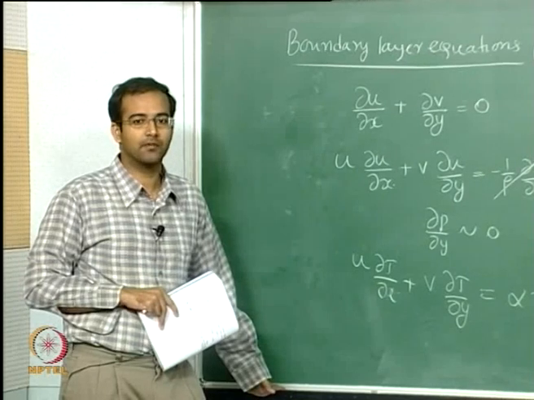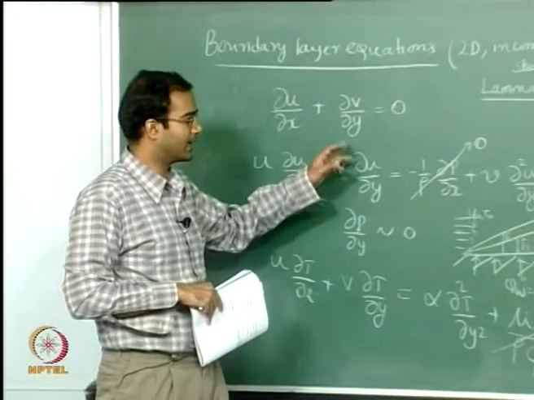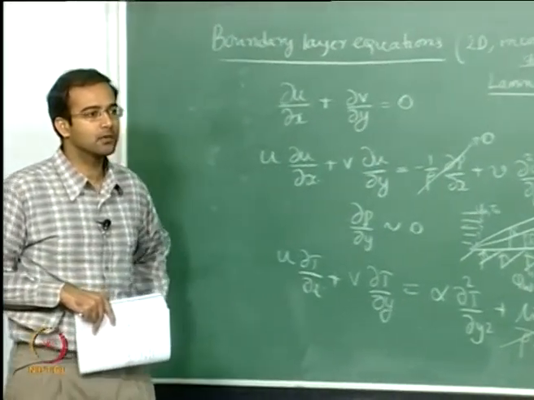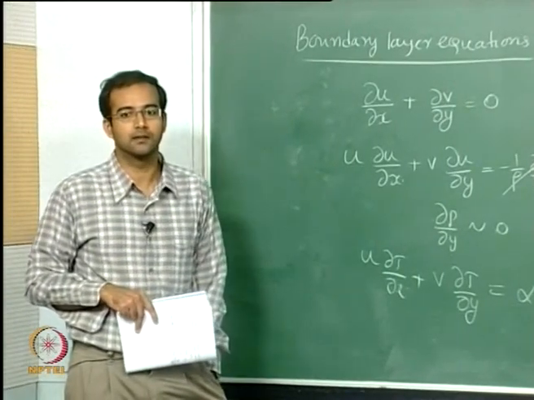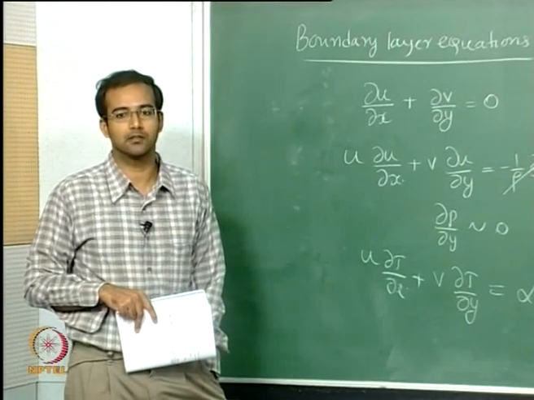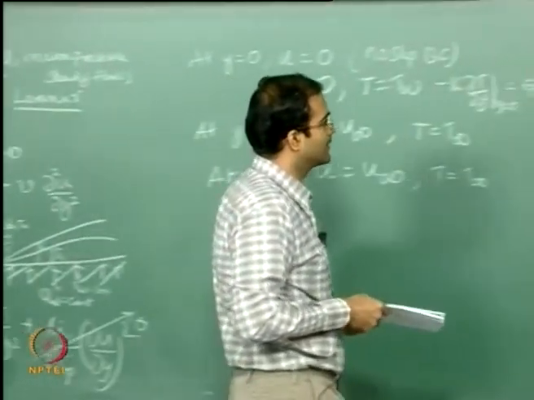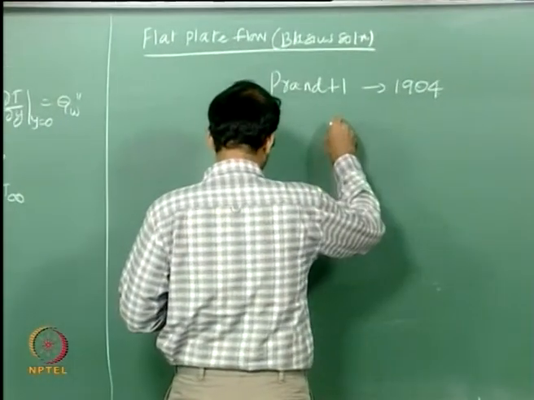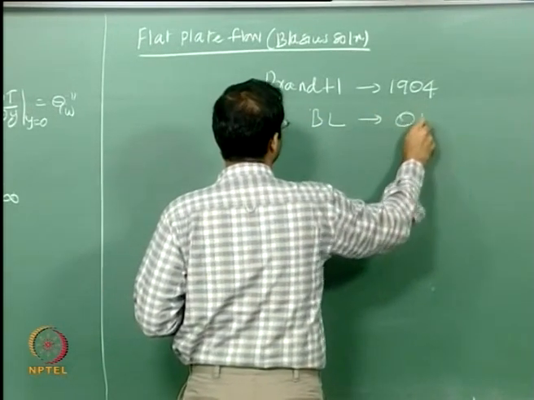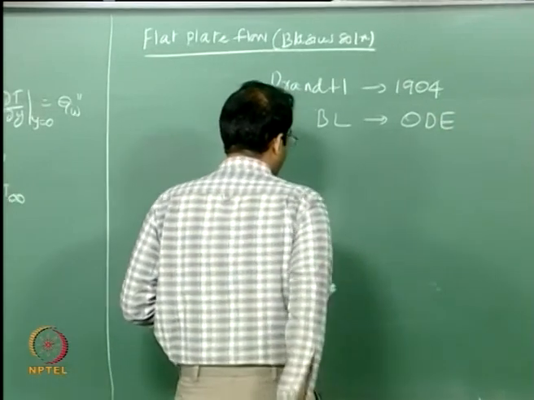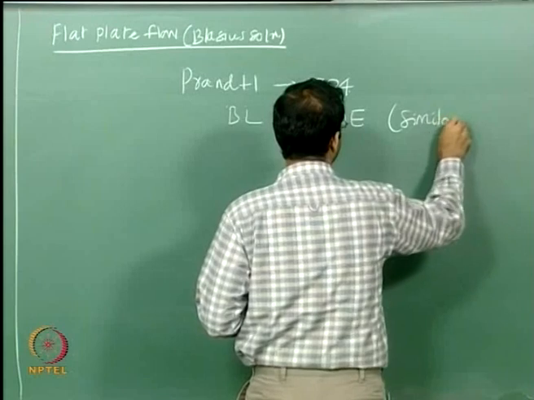So they could not find a direct closed form solution to the PDE, but Prandtl proposed that if we can convert the PDE to an ODE, an ODE is always solvable, even numerically you can do it by hand. So he proposed that the boundary layer equations can be transformed to an ordinary differential equation, and this transformation is through what is called a similarity variable.